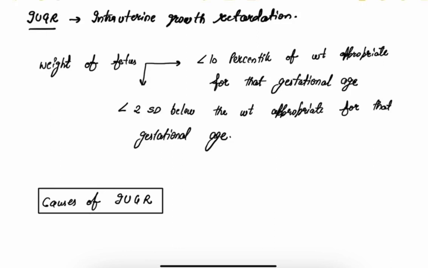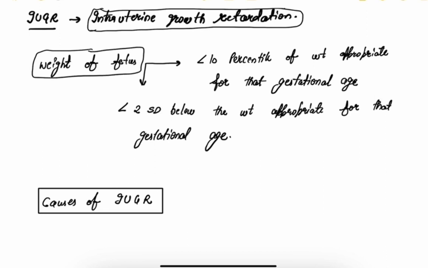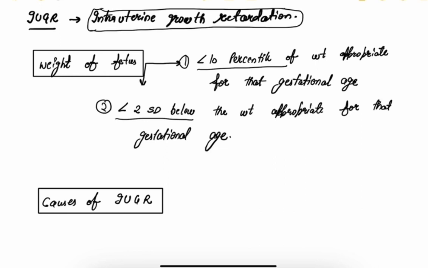Today we will talk about intrauterine growth retardation. So what is intrauterine growth retardation? It is diagnosed when the weight of the intrauterine fetus is either less than the 10th percentile of the weight appropriate for that gestational age, or less than 2 standard deviations below the weight appropriate for that gestational age.